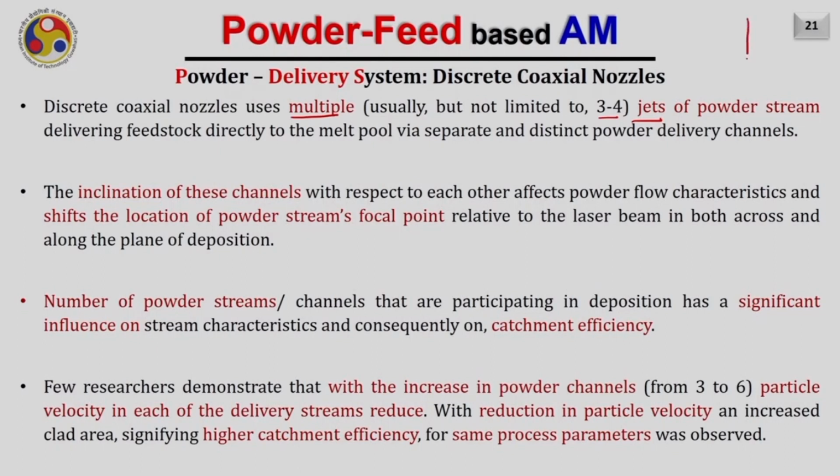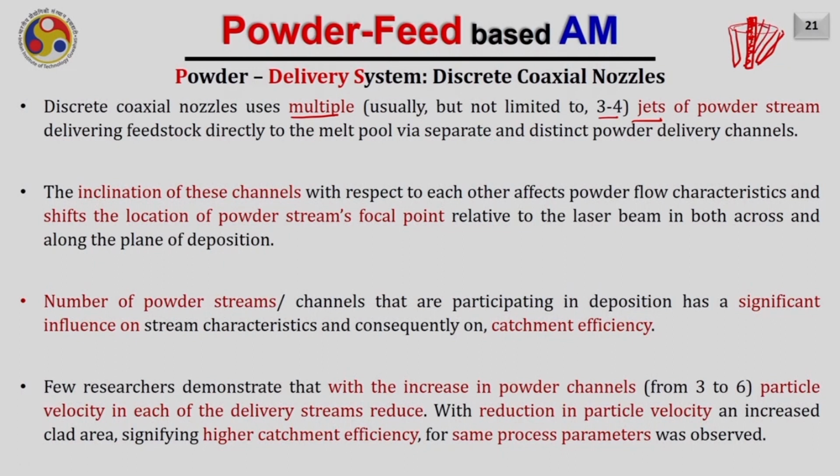So, in that case, for example, considering a laser beam at the center. Now, instead of having a cone of powder flow like we discussed in the previous case, here multiple nozzles will be mounted. So, this is for example nozzle 1, this is nozzle 2, and similarly a few more nozzles at the back.